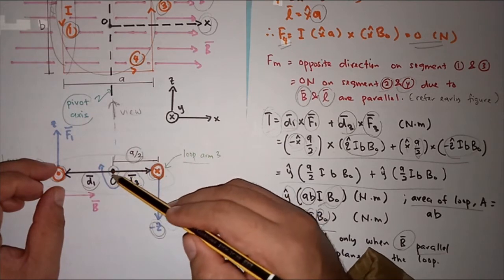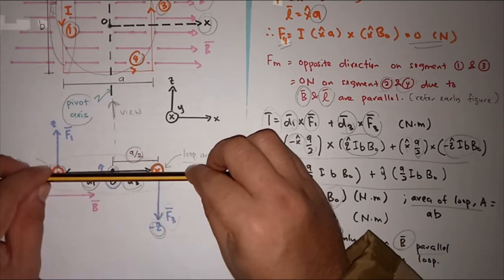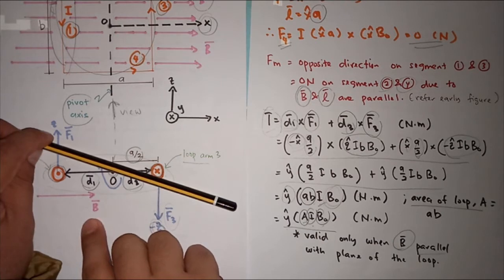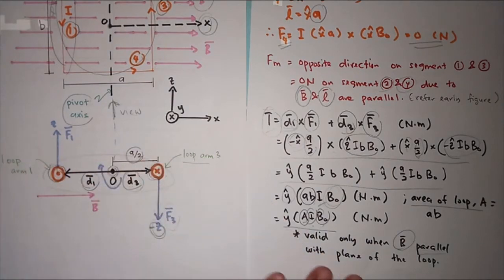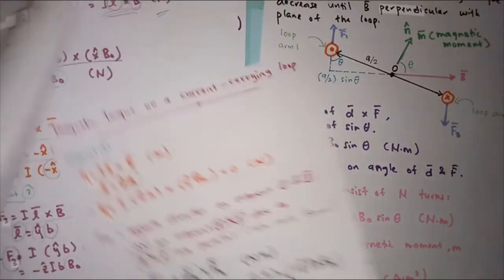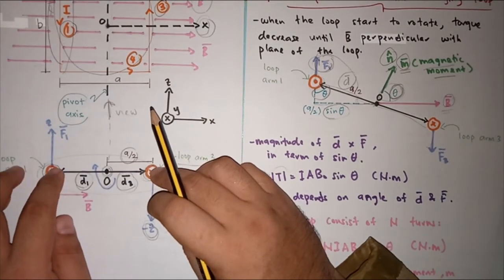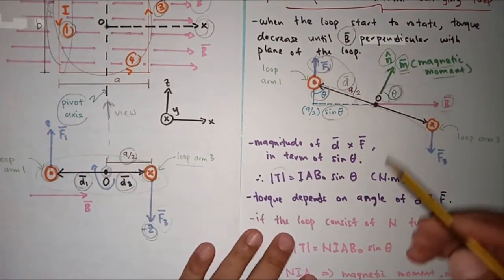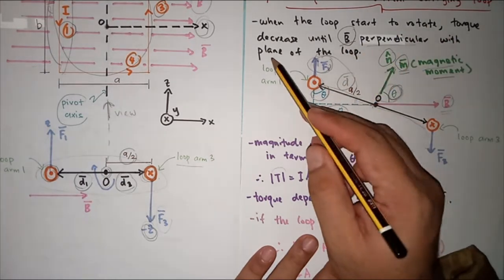Because we have a pivot axis here, this loop will start rotating. When this loop starts rotating, the direction of the magnetic flux density will not be parallel with the plane of the loop. This condition is explained by this figure. When the loop begins to rotate, the torque will decrease until vector B, the magnetic flux density vector, is perpendicular with the plane of the loop.